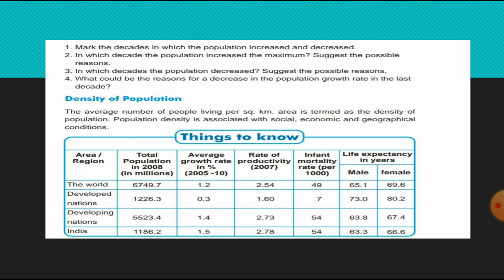And population density is associated with social, economic and geographical conditions. All these are related to it.